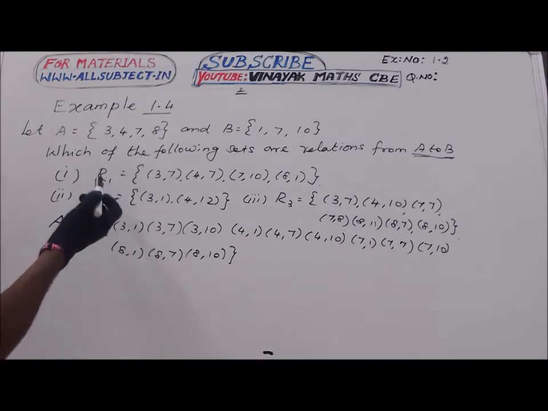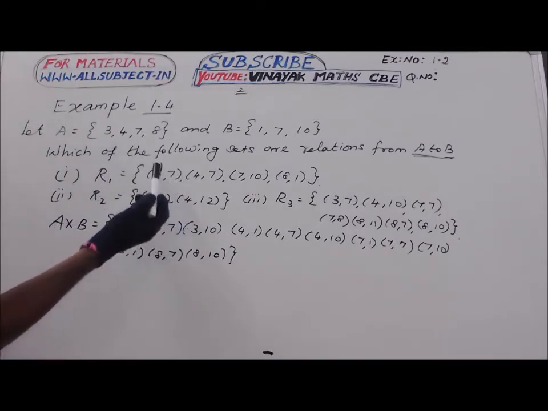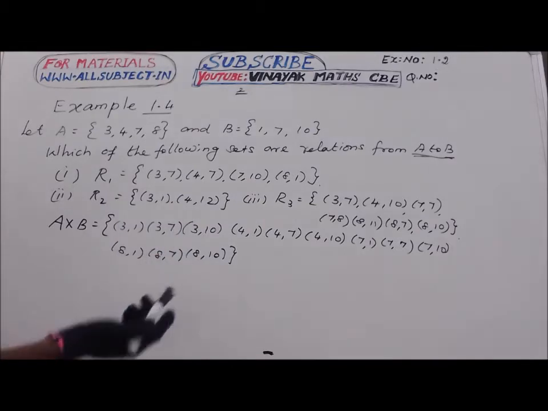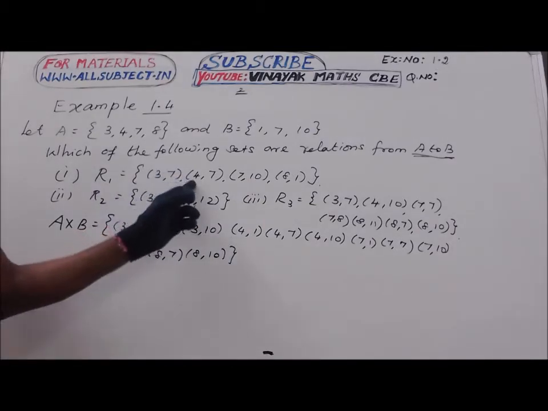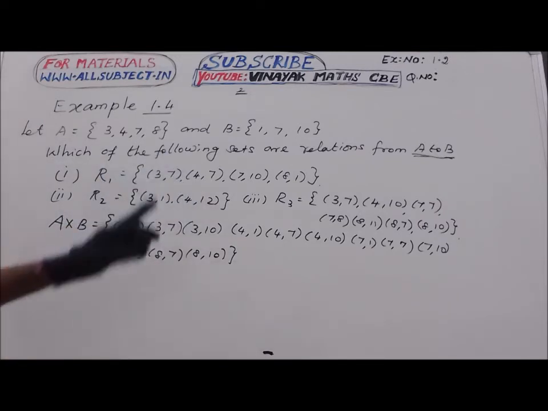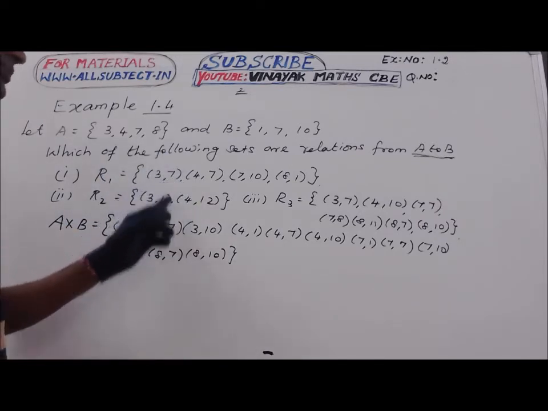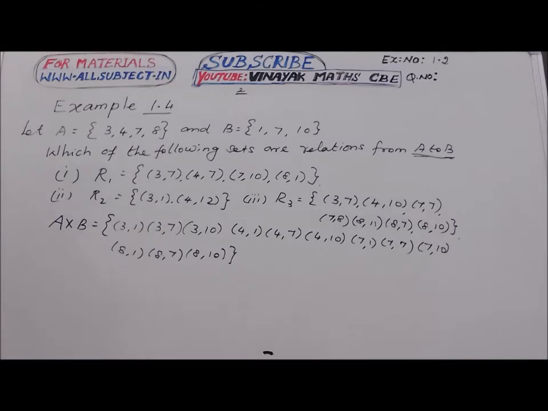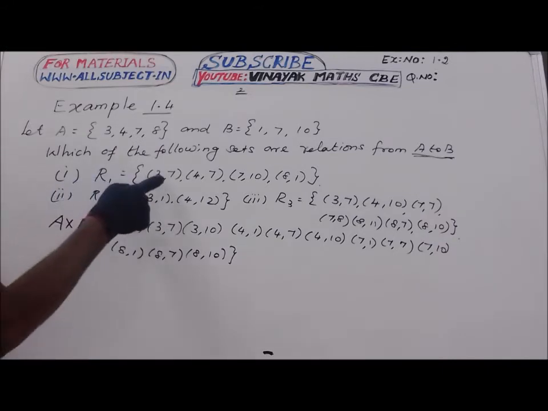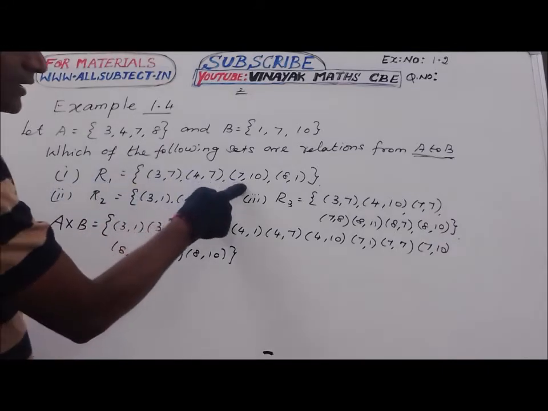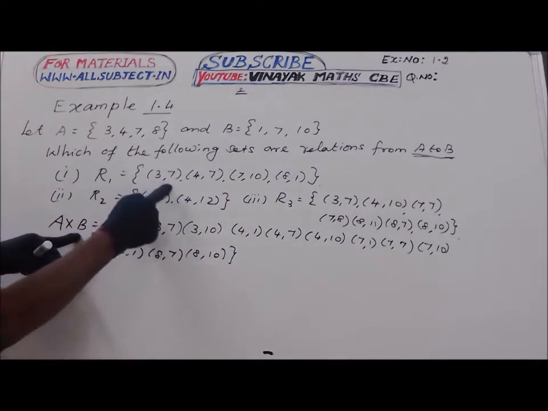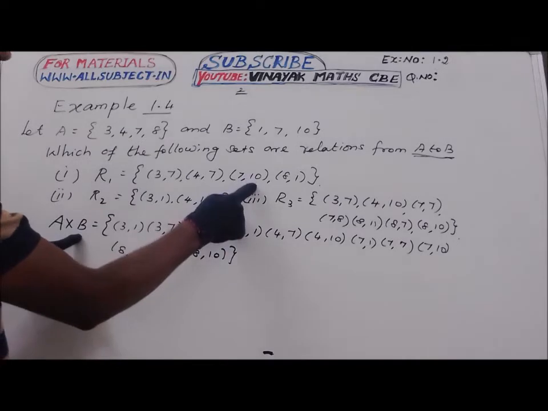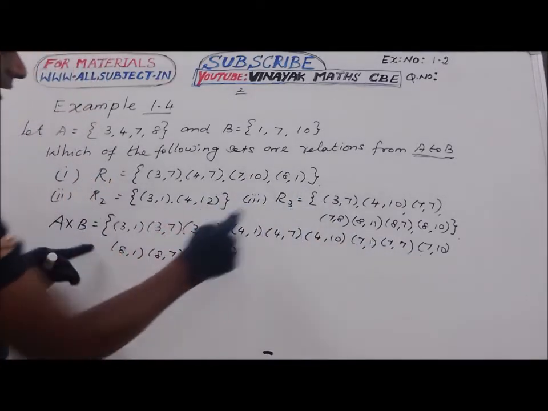If the defined relation R1 is a relation, all the elements in R1 must be a subset of A cross B. Check it now. Relation 1 contains (3, 7), (4, 7), (7, 10), (8, 1). In A cross B we have (3, 7), (4, 7), (7, 10) and (8, 1).